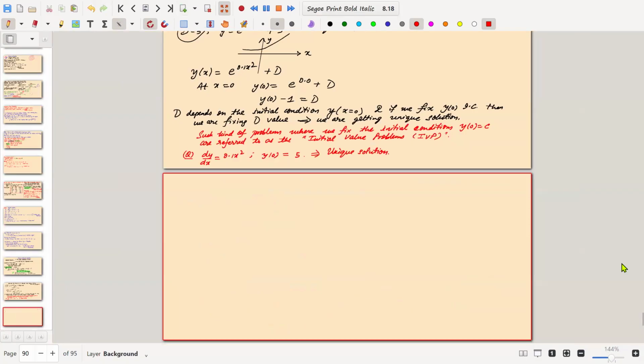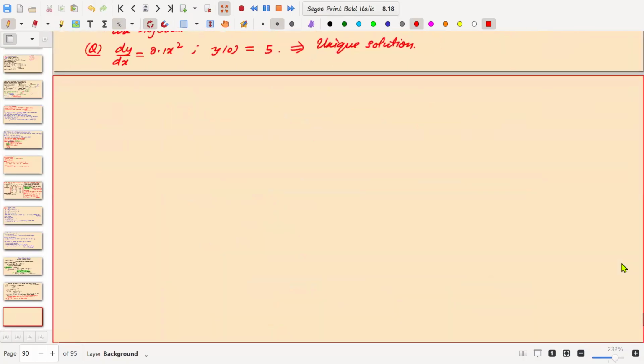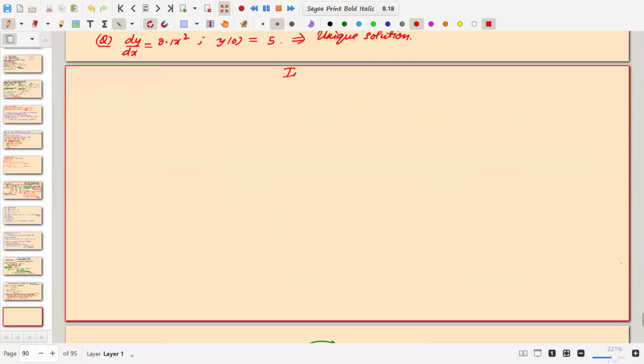Good. So let us start with our initial value problem, also known as IVP.